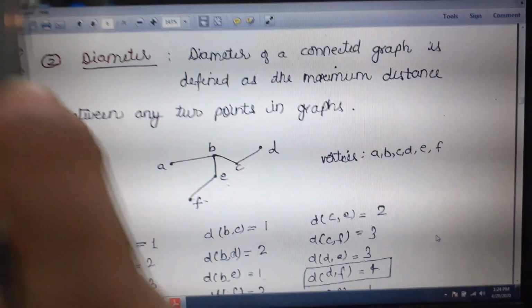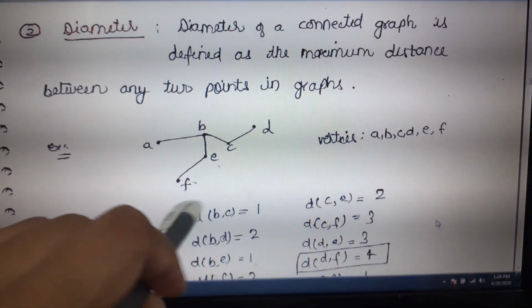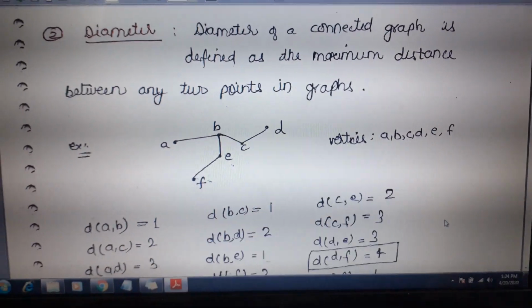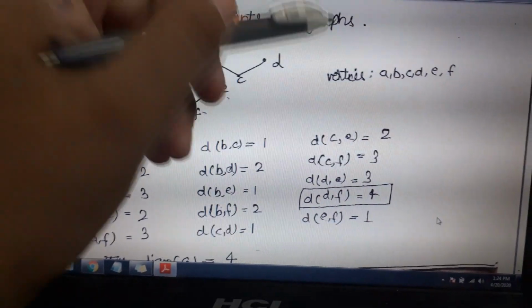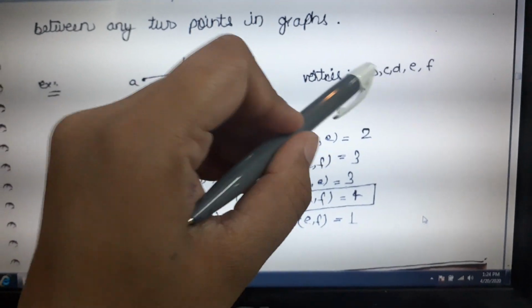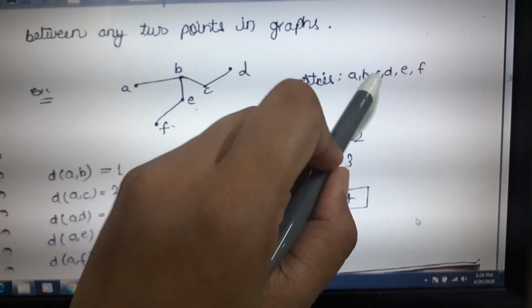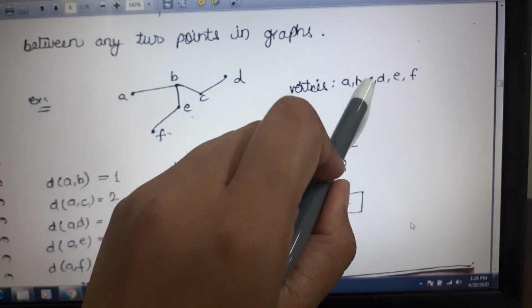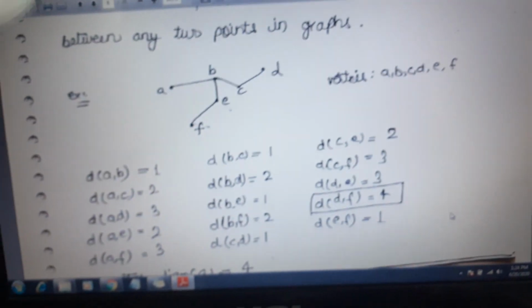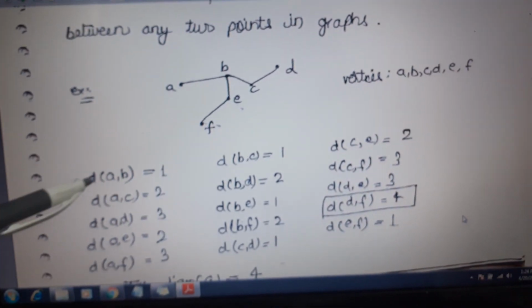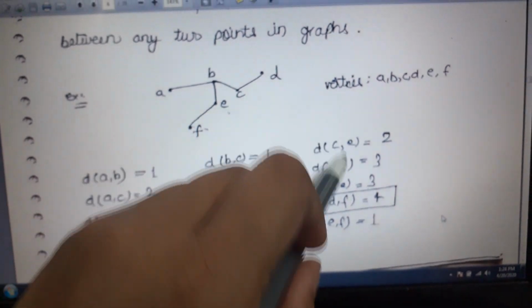Points here means vertices. So, these are all the vertices A, B, C, D, E, F. Make all the pairs like AB, AC, AD, AE, AF, BC, BD, BE, BF, CD, CE, CF, DE, DF, EF. Find the distance between all the pairs of vertices, right?